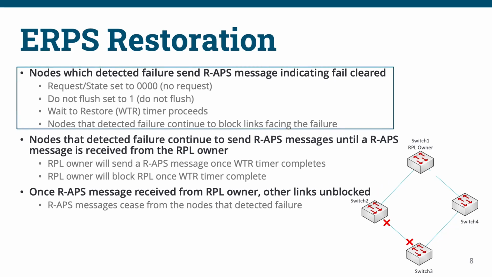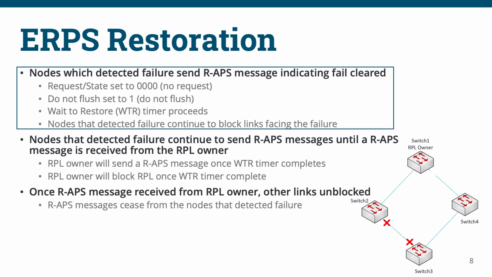The new message sent will indicate that there's no failure detected by setting the request state field to all zeros once again. The do not flush flag is set to 1, so the switches receiving the new RAPS message do not flush their MAC tables quite yet.